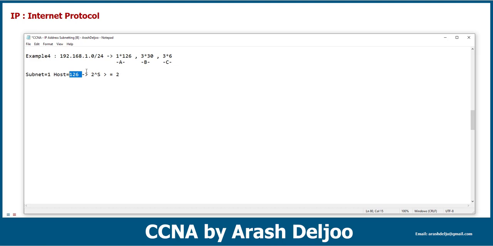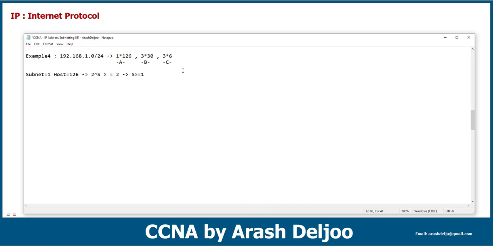The first subnet with 126 hosts, this is for requirement A, and also we have the next subnet with 126 hosts that we can again subnet for other networks. Because of that, let me use 2 to the power of s greater than or equal to 2, and this means that s, or subnet bits, should be greater than or equal to 1. This means that we need only one bit for subnet.